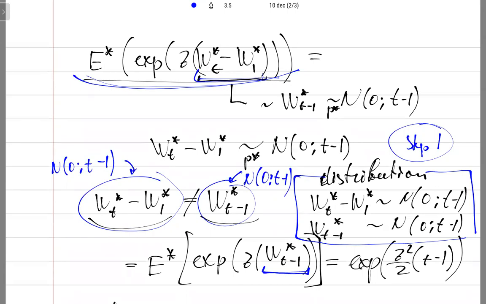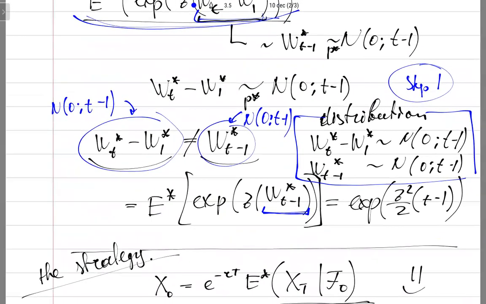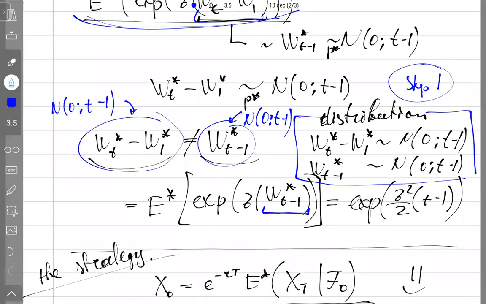And how then did you calculate this expected value? Okay, that's the second step. I refer to the result. Step 2: how to calculate the expected value of exponent sigma W star t. So the question is how we can calculate this value.